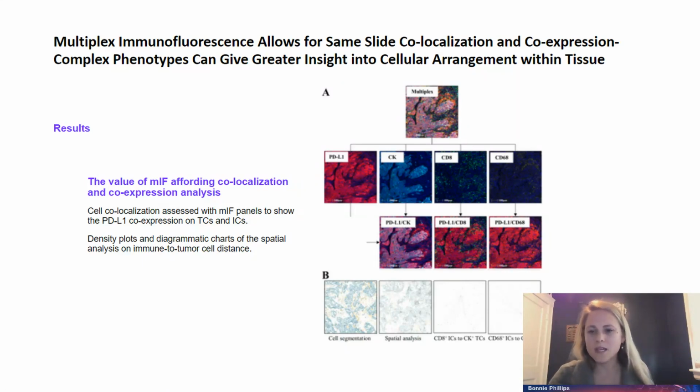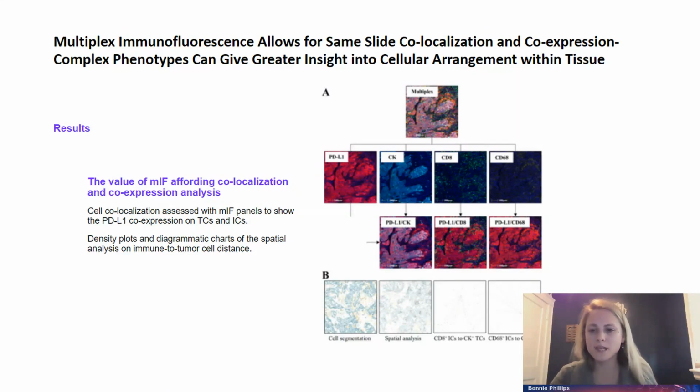So there, the authors were able to show that, say, PD-L1 expression can now be differentiated into not only PD-L1 expression as a whole, but we can now look at PD-L1 expression on immune-evading tumor cells and differentiate those from PD-L1 expression on immunosuppressive macrophages.